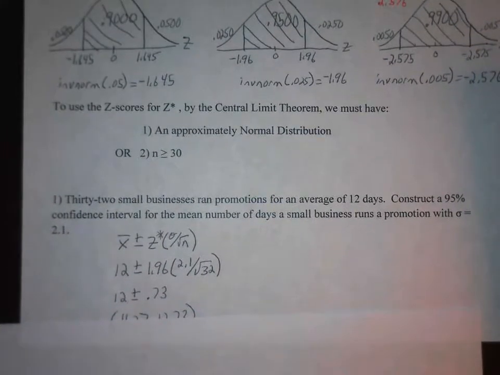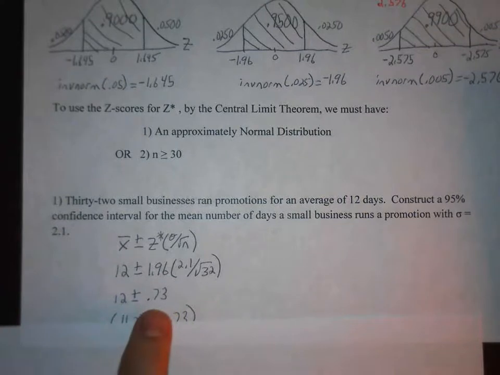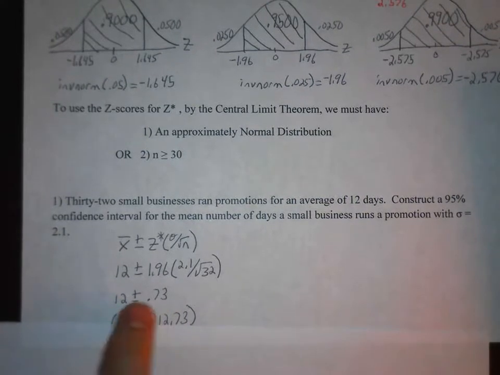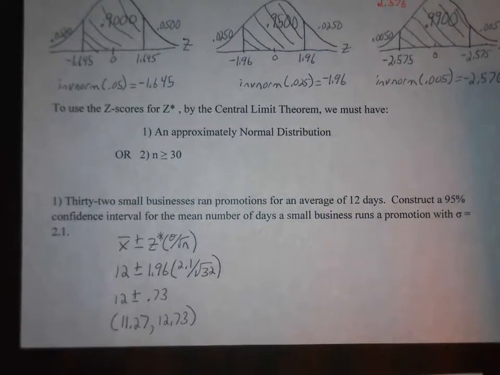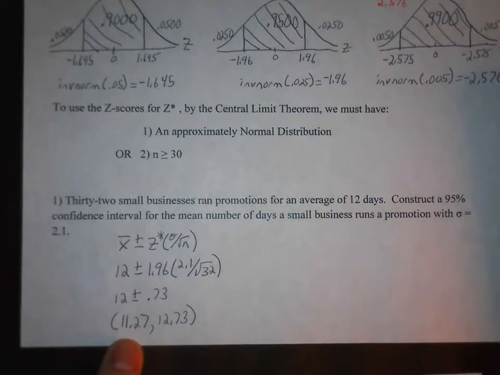I always want to see what that margin of error is. So I want to see that 0.73 written down, and then you add and subtract that from the sample mean, and you get an interval of 11.27 to 12.73. So we're 95% confident that this interval contains the true value for the mean number of days that all businesses run a promotion.